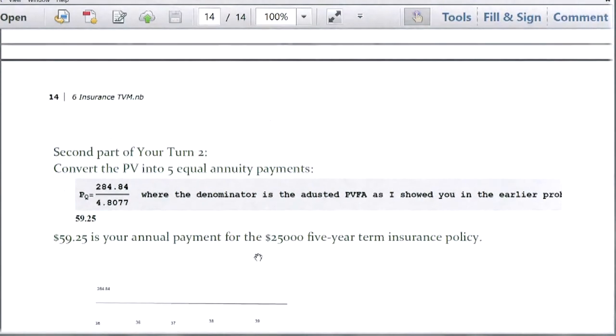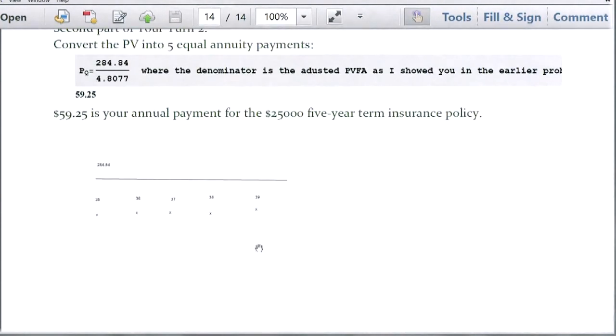And the interest rate, I believe, was 2%, if memory serves me correct. And therefore, you calculate either from tables or from the formula for the present value factor that you already know. You'll calculate that amount. So X plus X times the present value factor equals $284.84. That's an algebraic equation.